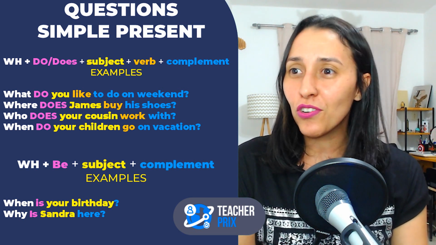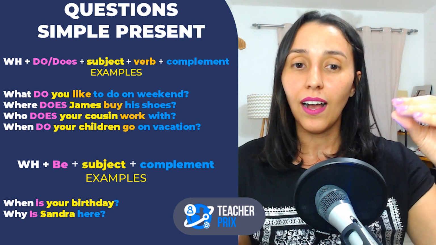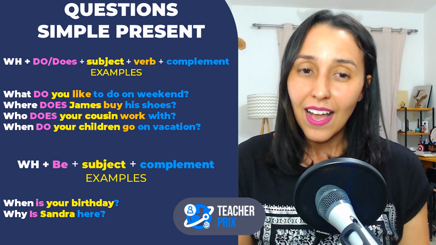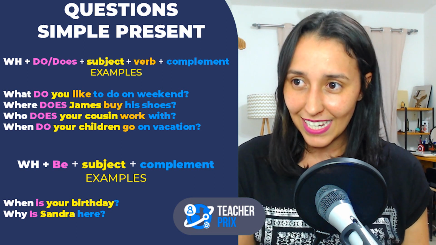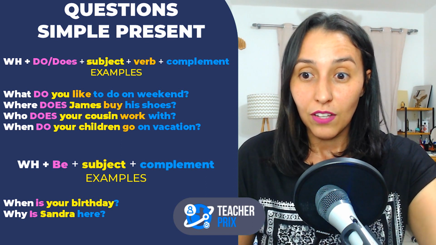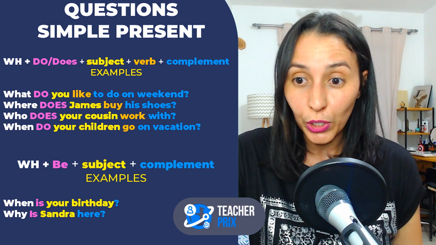Why is Sandra here? So there is a common confusion when making questions in English with verb to be and asking questions with do and does, okay? The most common confusion is to use verb to be for everything, okay? And that doesn't work, all right?